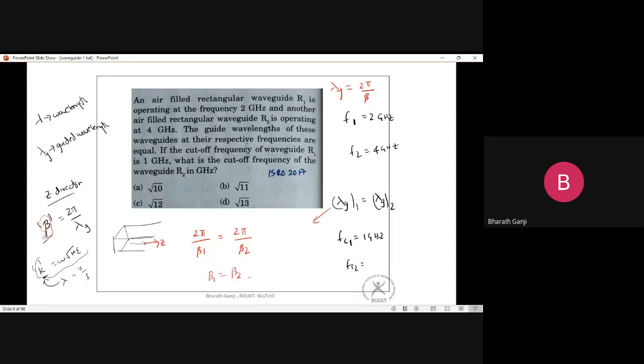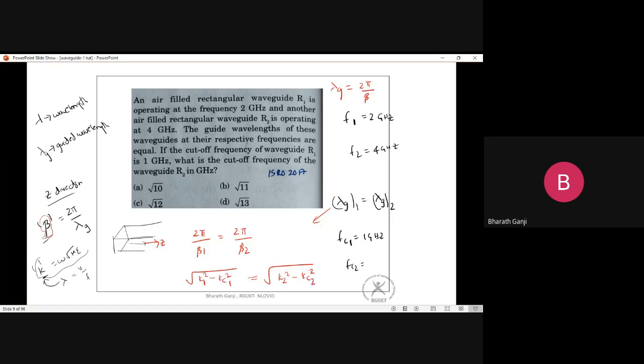So that should happen. What is the phase constant expression? Square root of k1 square minus kc1 square for the first case should be equal to square root of k2 square minus kc2 square.